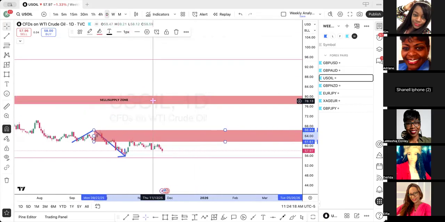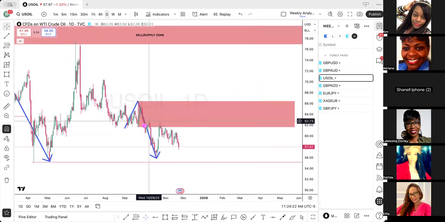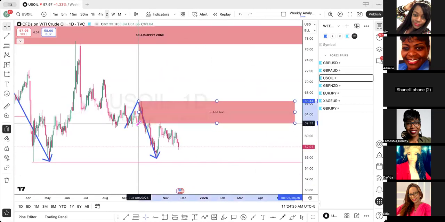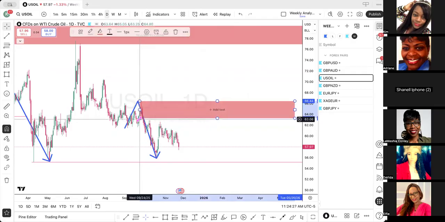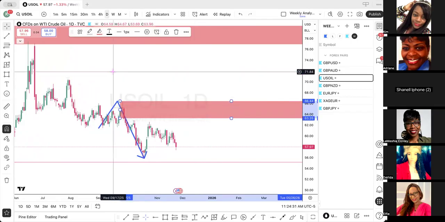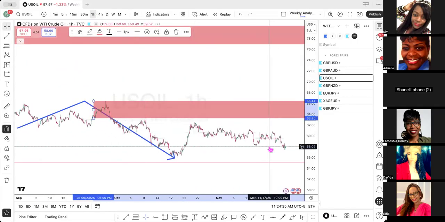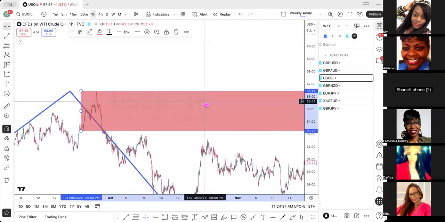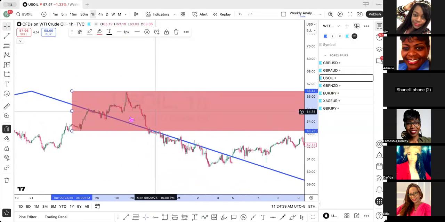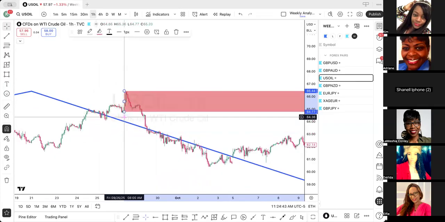Let's go to the daily. So we're going to narrow this zone down to the smallest zone we could find. And I'm just going to go to the hour. And I'm just going to mark up this zone here.